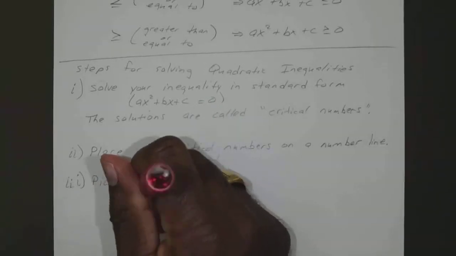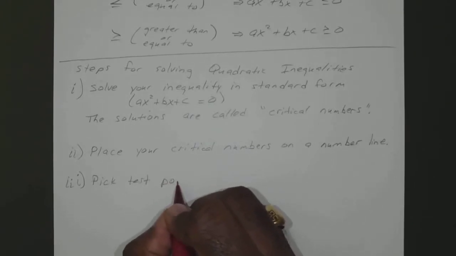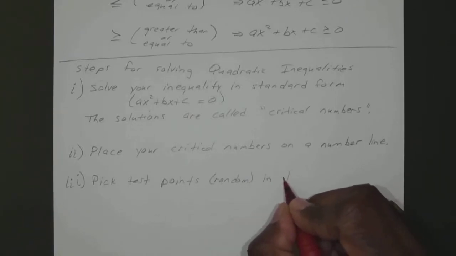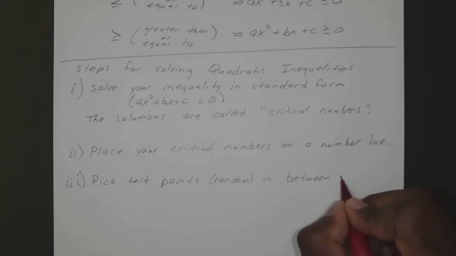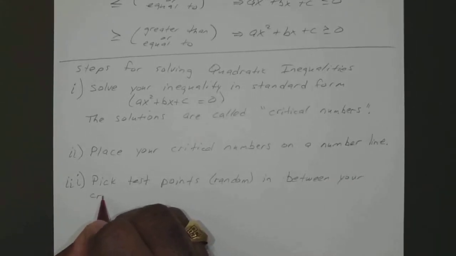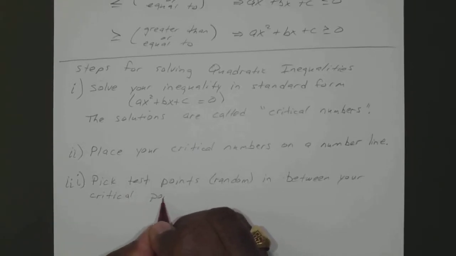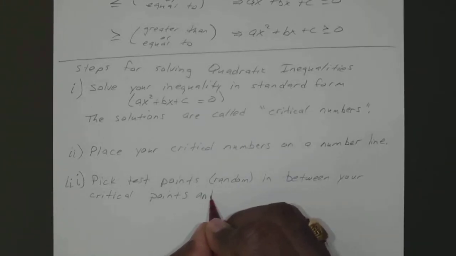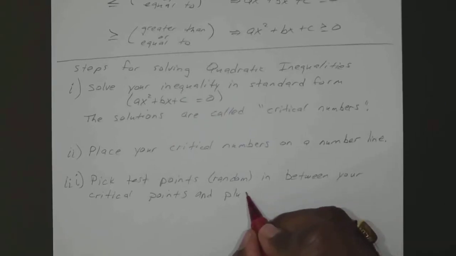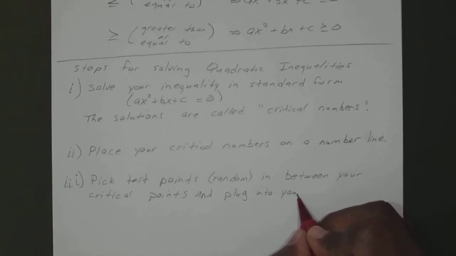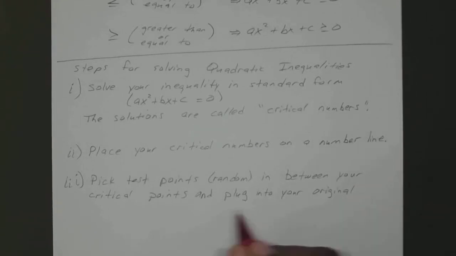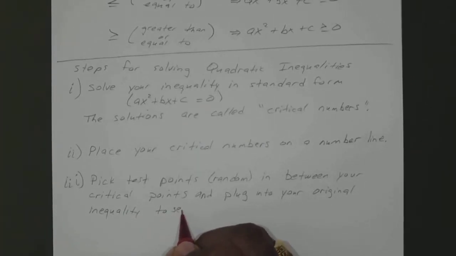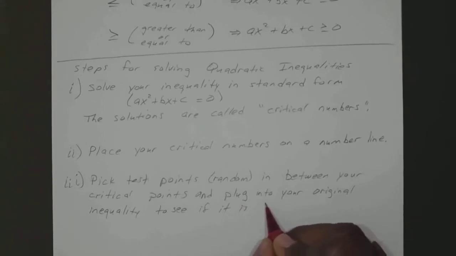So you're going to pick test points, and they're completely random, in between your critical points, and plug into your original inequality to see if it is true.